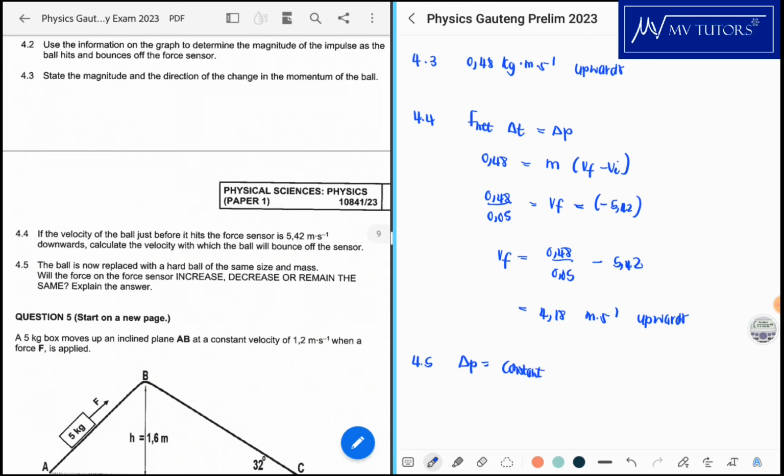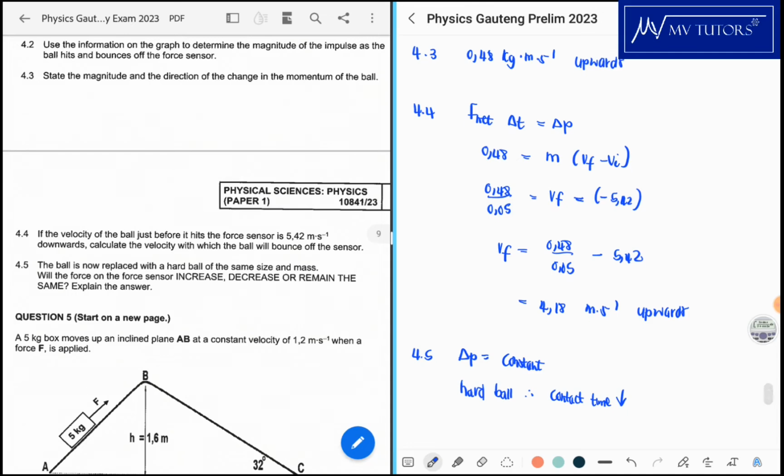And because now we have a hard ball, it means that the contact time will be less for the ball to bounce off the sensor.